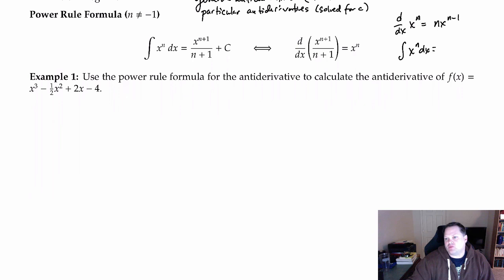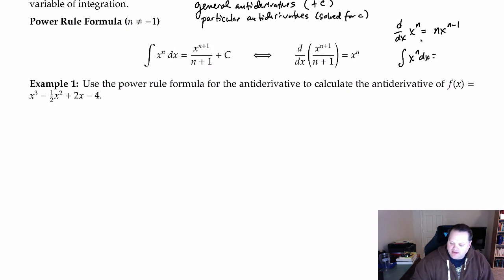Normally I would multiply by the power, but here you have n minus 1 as the power because you'd subtracted 1. So I want to divide by the previous power, and if I'm looking at x to the n, the previous power is n plus 1. So I would divide by n plus 1. And then rather than subtract 1 from the power, I want to go back to that previous power, which is n plus 1. And then remember plus c, because you get all possible antiderivatives that way.